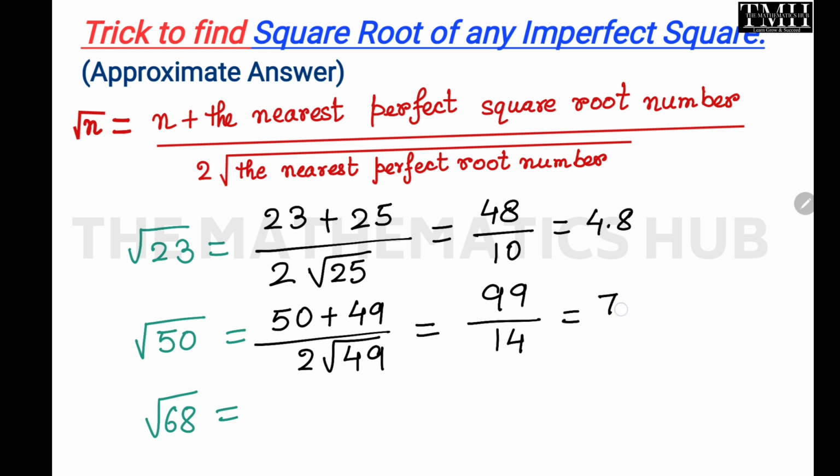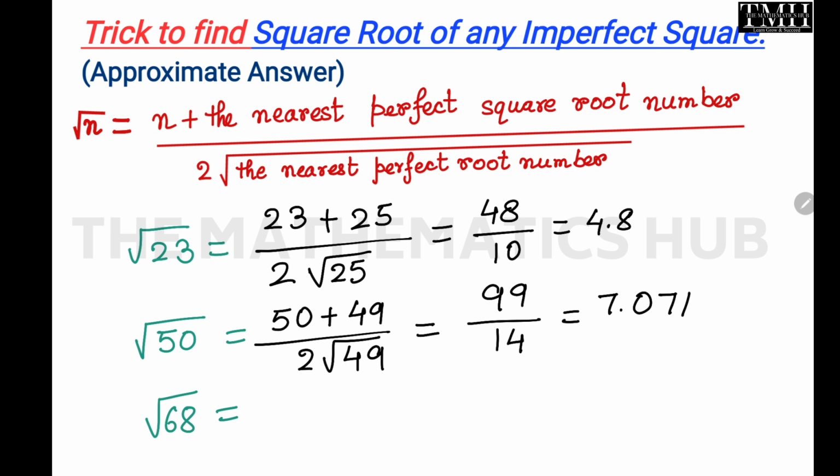And the answer is 7.071. This is the approximate answer and the exact answer is also 7.071. Isn't it so great? So next time use this formula in any exam.